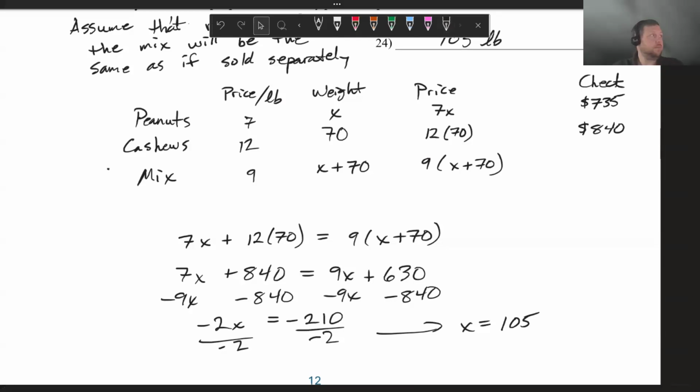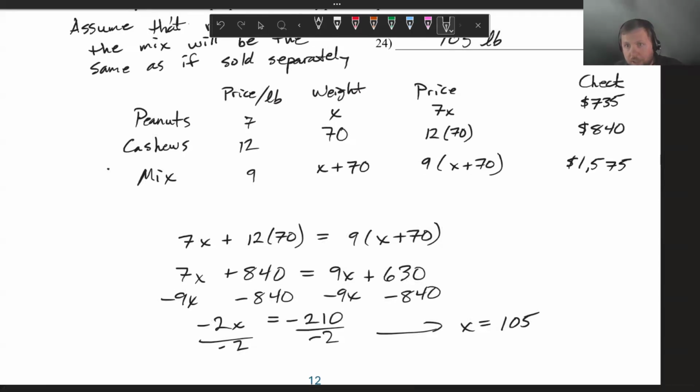And then 9 times 105 plus 70 is $1,575. So I'm just plugging in X and multiplying out.